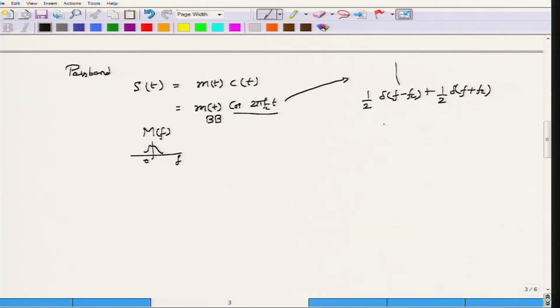This delta f is a function which is called the impulse function, which is defined in a way which says that if delta of t is an impulse function, then delta of t is equal to 0 for t not equal to 0, and the area of delta of t will be equal to 1. We normally consider them to be normalized to 1. So, what we are saying is that it will be 0 for t not equal to 0, and if you integrate this one, this would be equal to 1.